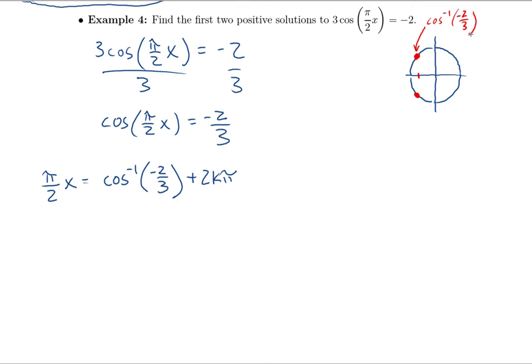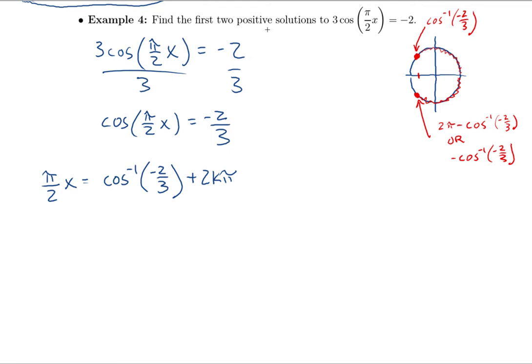So if that's the cosine inverse of negative 2/3, what's this? Well, we know that if that's the cosine inverse of negative 2/3, that same distance in this direction is going to give me that as well. So you can do this either way. You can either say it's 2 pi minus the cosine inverse of negative 2/3, or if you'd rather, you could just say it's negative cosine inverse of negative 2/3. It doesn't really matter.